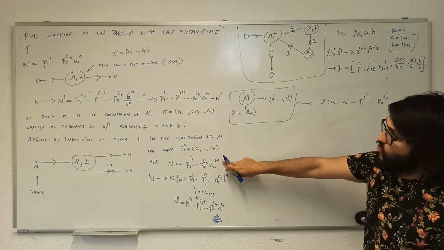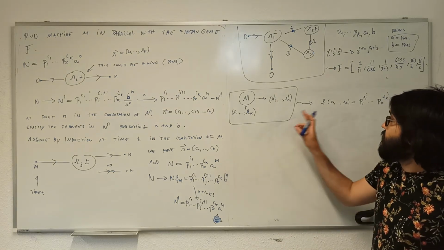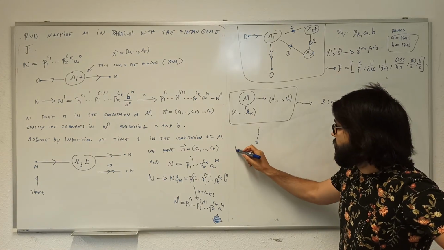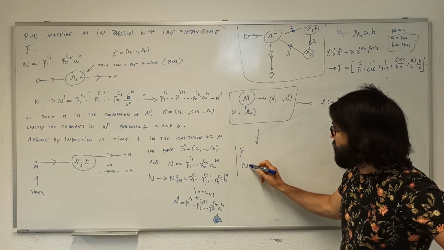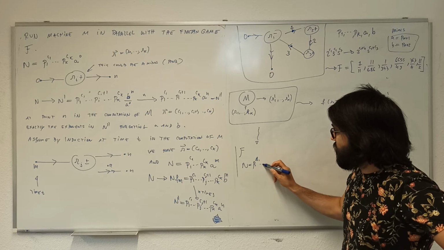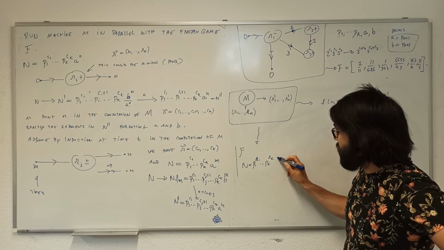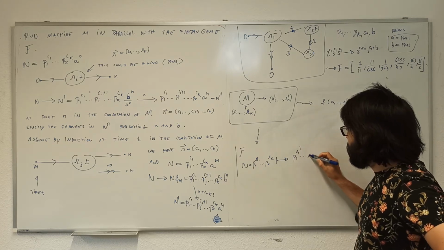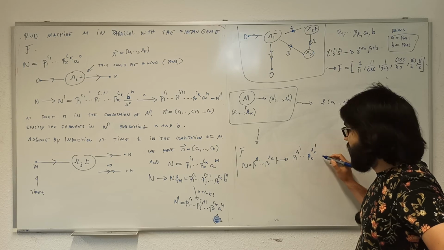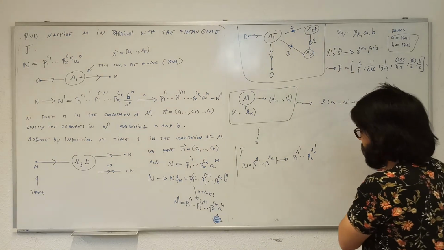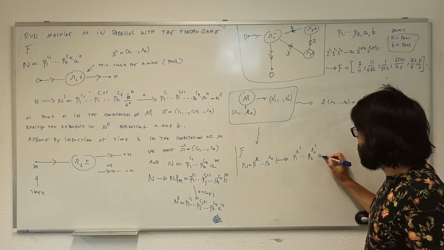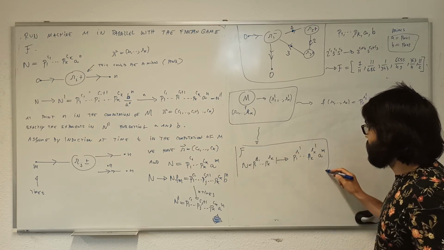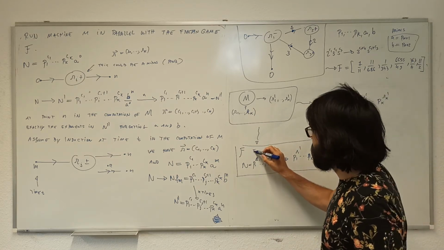So what I proved here is that any FRACTRAN game can simulate a function like this, which in the FRACTRAN game, I made a FRACTRAN game f, which I give an input which is p1 to r1, pk to rk, and the FRACTRAN game outputs p1 to r1 prime, pk to rk prime, and then something which will be, if I don't put that 1 over a in the end, a to some number, let's say m.